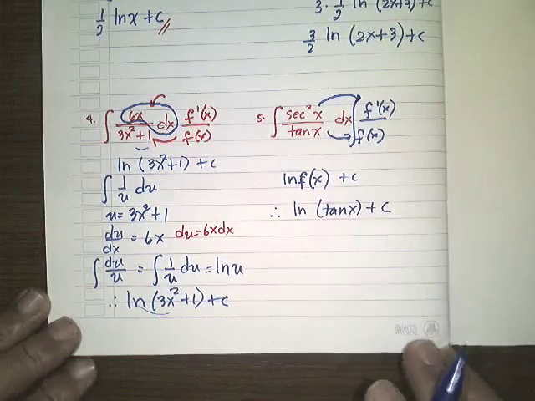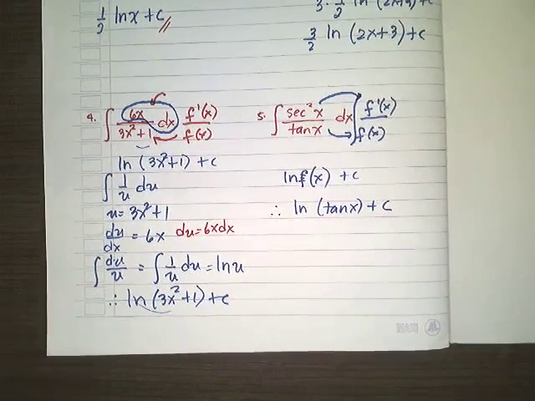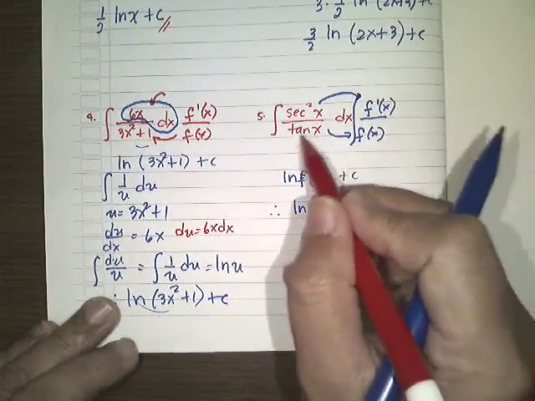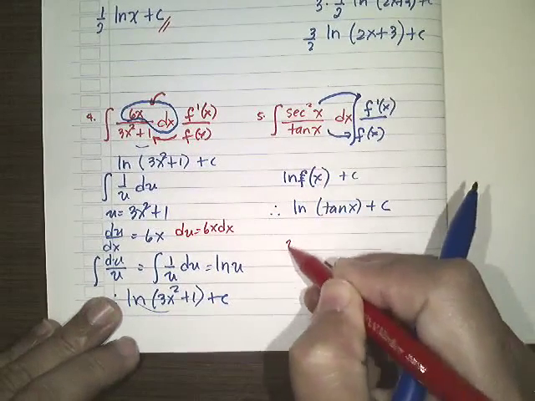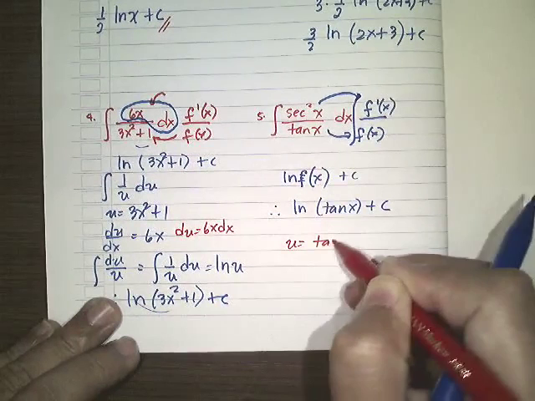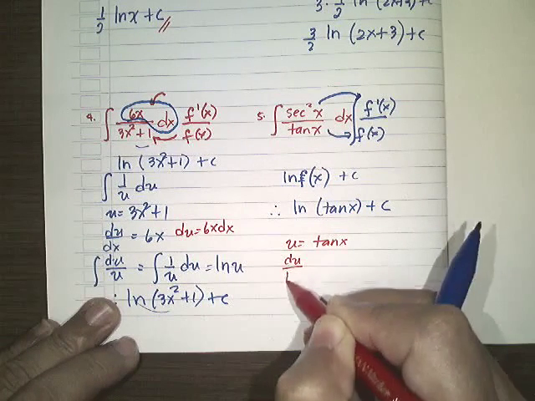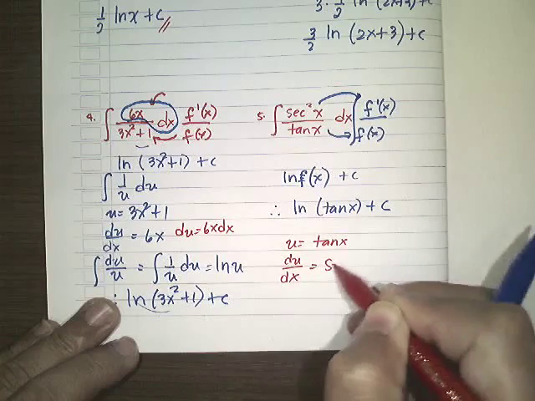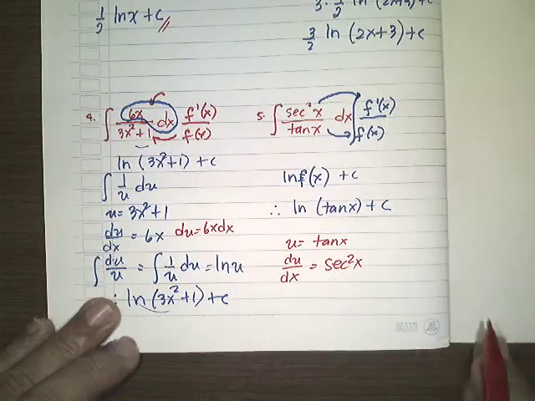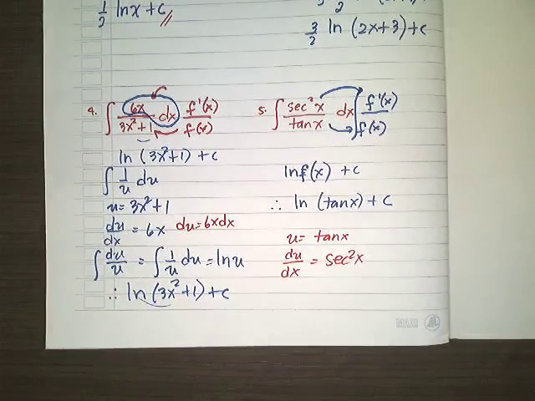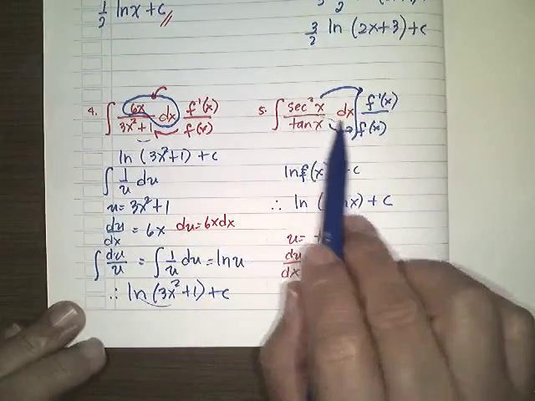Let's try to use substitution. We can let u be tangent x. Then du dx is secant squared x. So from here we have secant squared x dx.